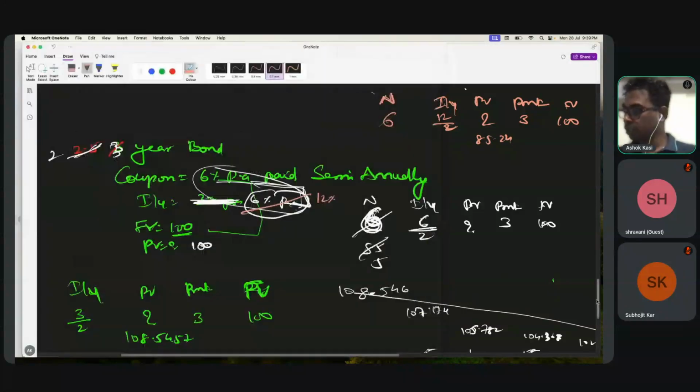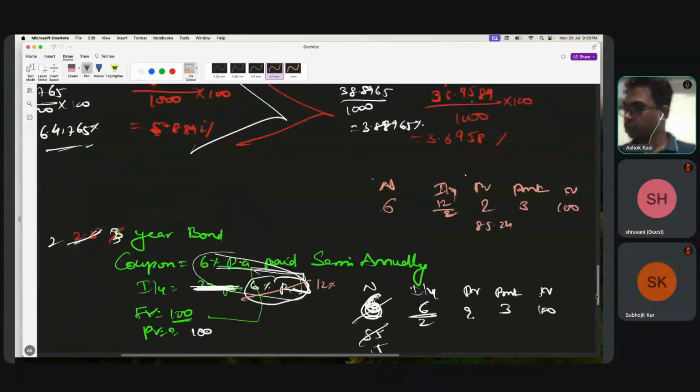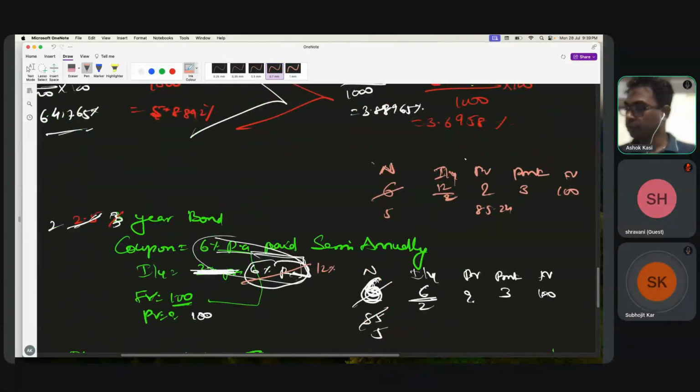So when I say 85, that means it is here, 85.24. Then at this stage what will happen? That means change it to 5.5, right? Yeah, correct. And then for the PV, it is 86.29006.